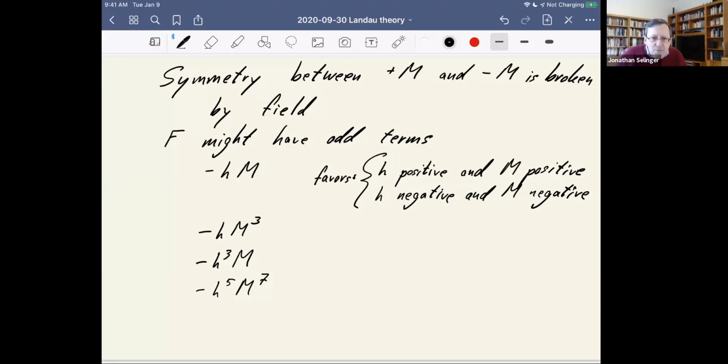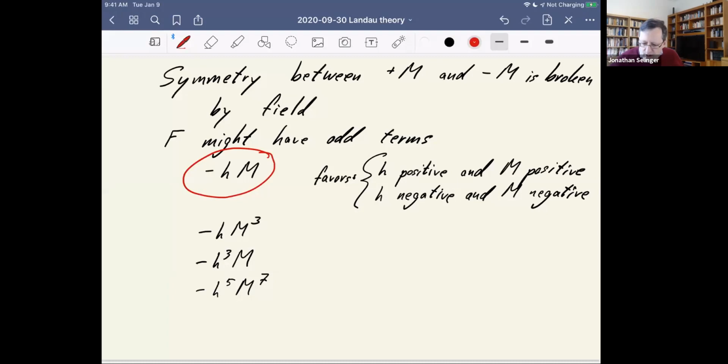Given that, what's likely to make the most important contribution? Well, remember, we're assuming that H is small and M is small. So in that case, the biggest term is the one that has the lowest powers, because a high power of a small thing is even smaller.